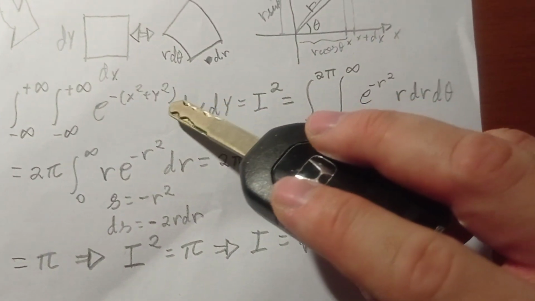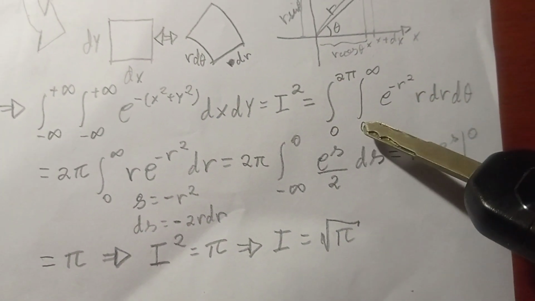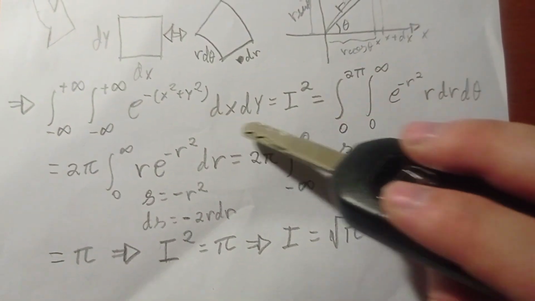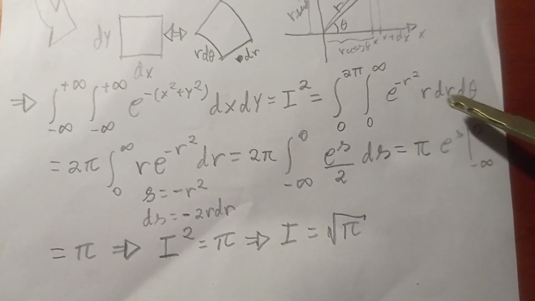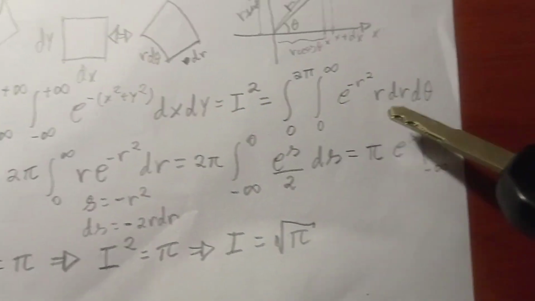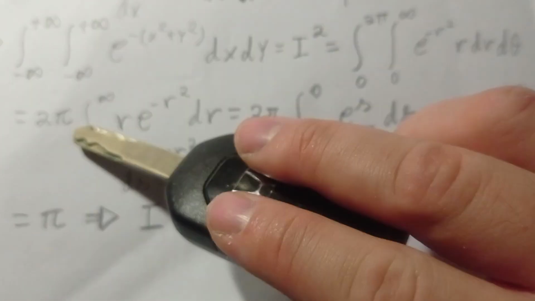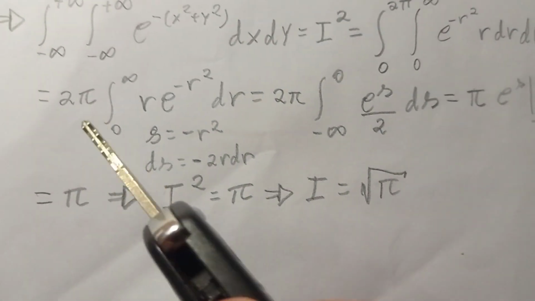The x squared plus y squared is r squared. R goes from 0 to infinity, theta goes from 0 to 2 pi, and the dx dy becomes r dr d theta, and then we integrate in theta, which is going to give us a 2 pi factor.